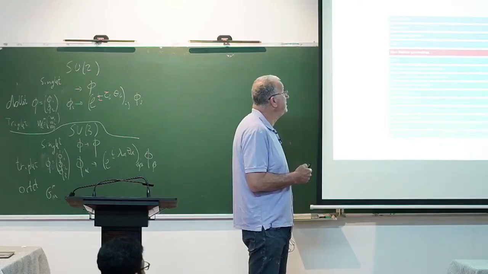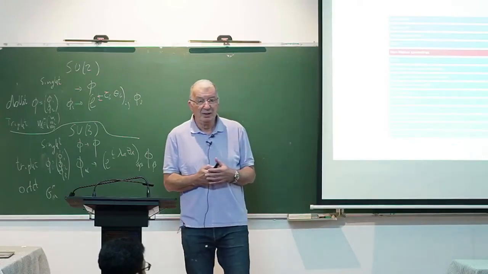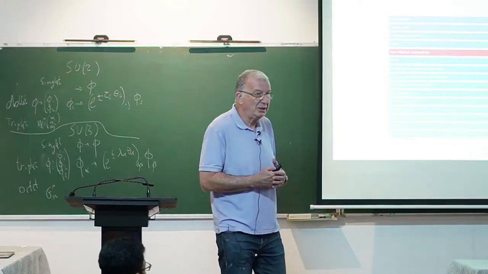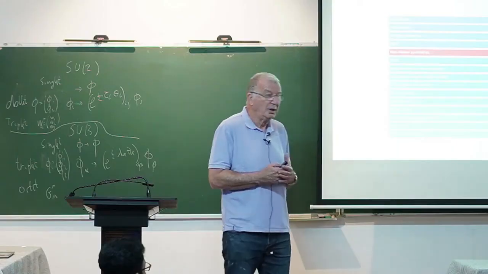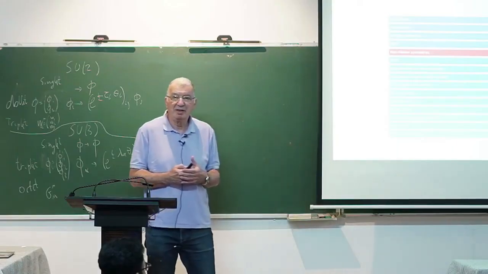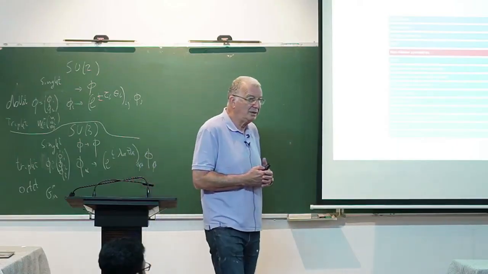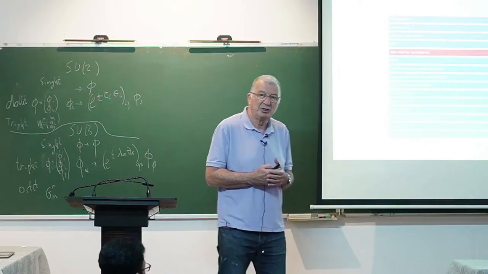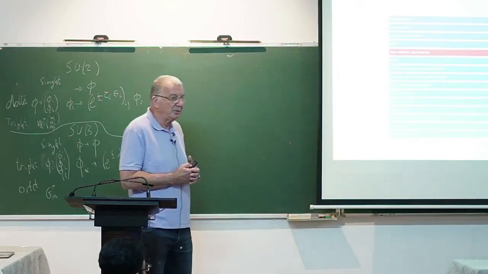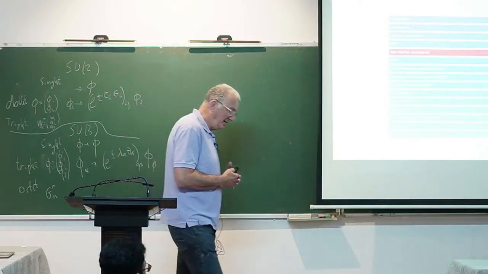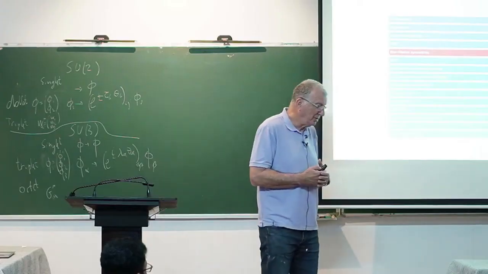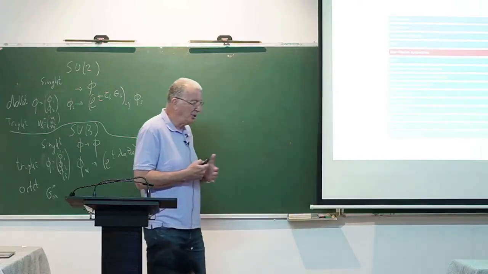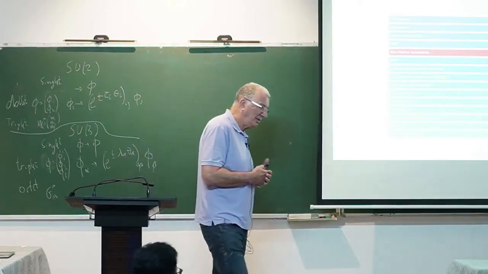And we saw the explicit example of QED, where the symmetry was U(1), and in the beginning we introduced a pair of fermions, left-handed chirality and right-handed chirality, both with the same charge. So Majorana mass terms were forbidden, and Dirac mass terms were allowed, and we wrote the most general Lagrangian according to that.